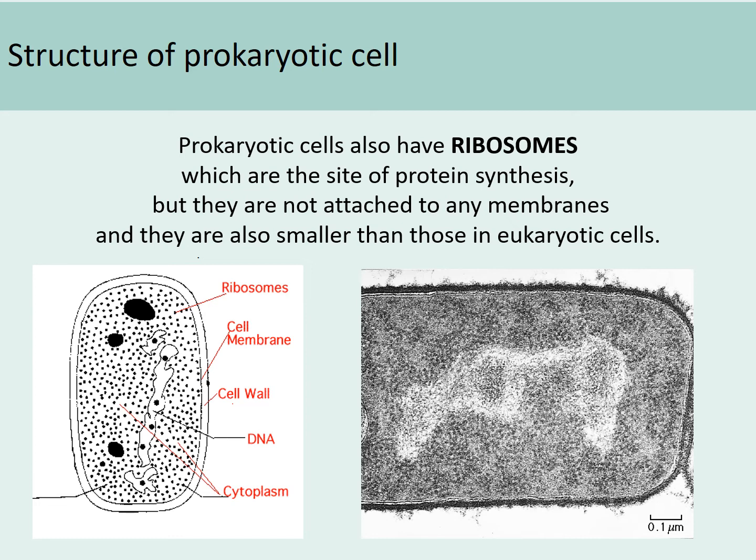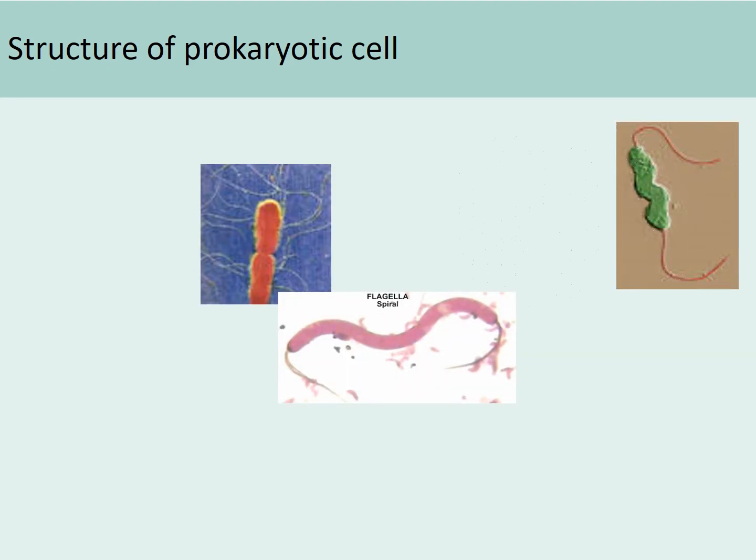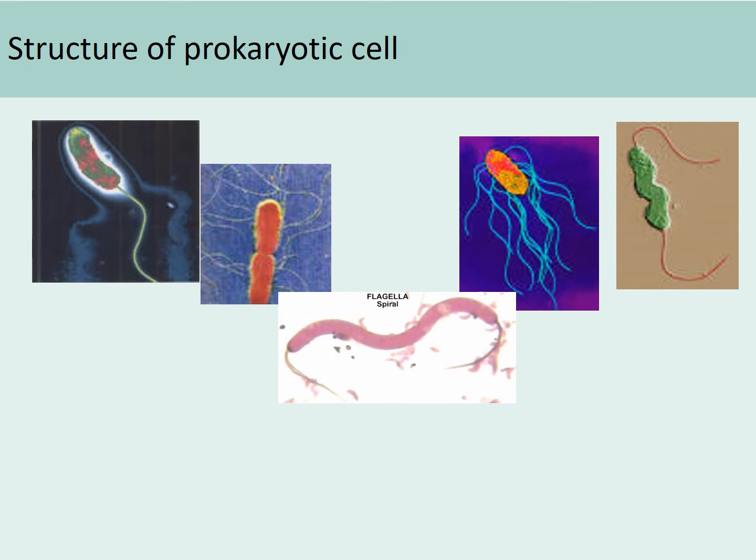Now, one of my favourite structures of a prokaryotic cell is called the flagella. Okay, so one flagellum, several flagella. And these pictures that you can see illustrate kind of their structure. Different species will have different numbers of them.